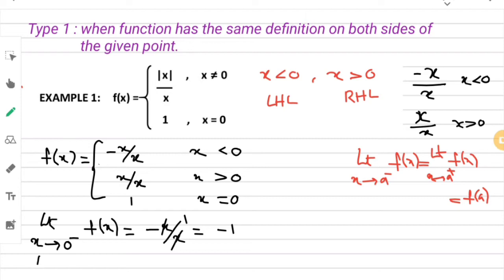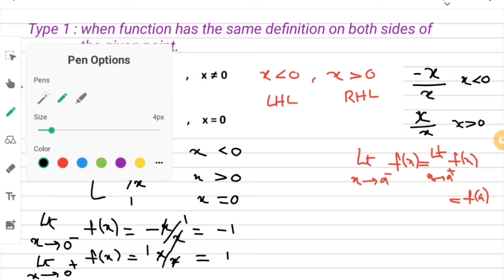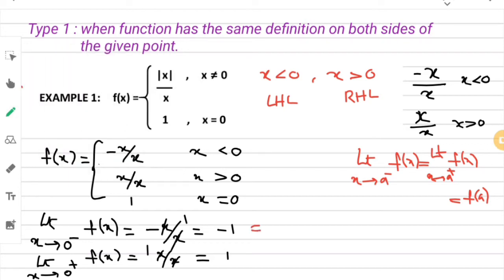And for the right hand limit, limit x tends to 0 plus f of x, what is the function? x by x. So this x and this x will get cancelled, you will get 1. Now the left hand limit value is minus 1 and the right hand limit value is plus 1.